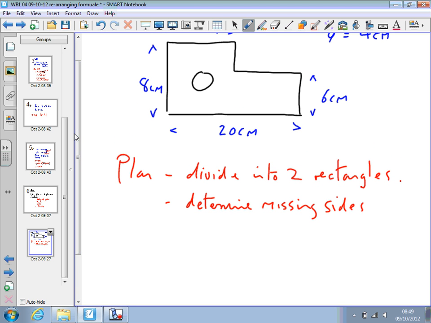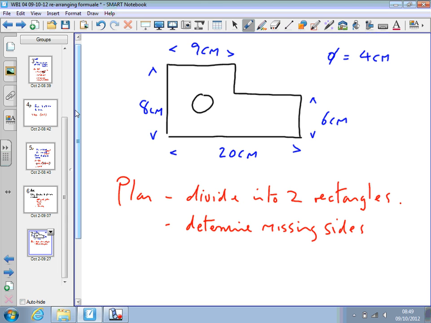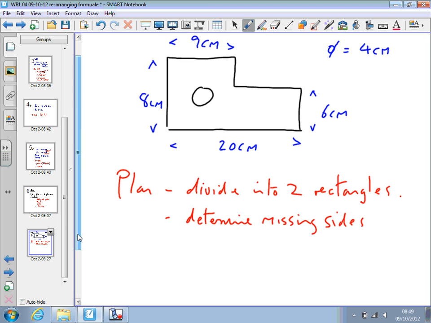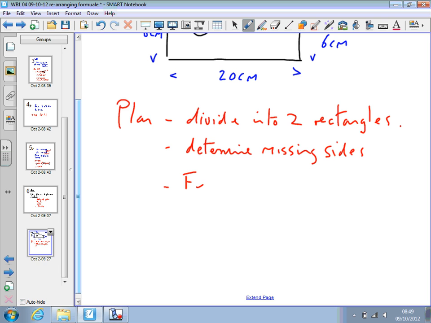By the way, that's a hole. You're told the diameter is 4 centimeters. So you find the area of the circle. And then what?